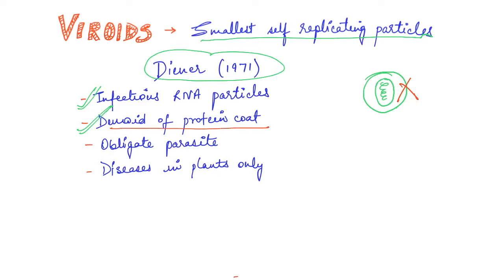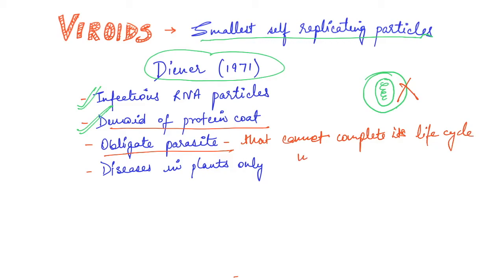Then one of the very important properties of viroid is they are obligate parasite. Now what does this obligate parasite mean? So basically a parasitic organism that cannot complete its life cycle without exploiting a suitable host.